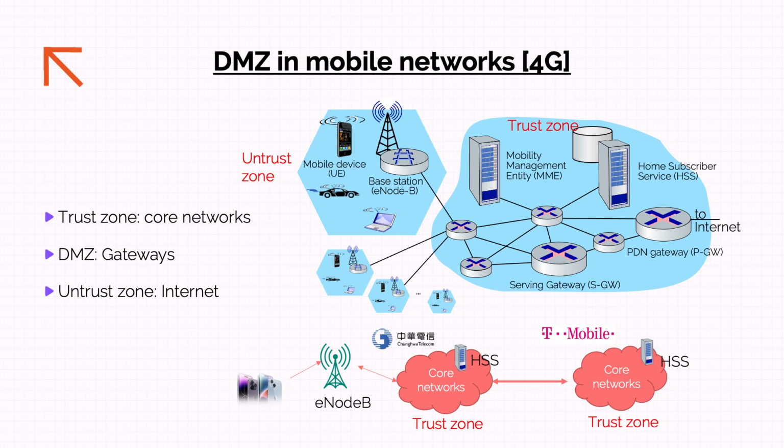So we have two firewalls: one between the base station and the border router, and one between the service gateway or PDN gateway and the internet. The DMZ or trust zone can be placed between them.